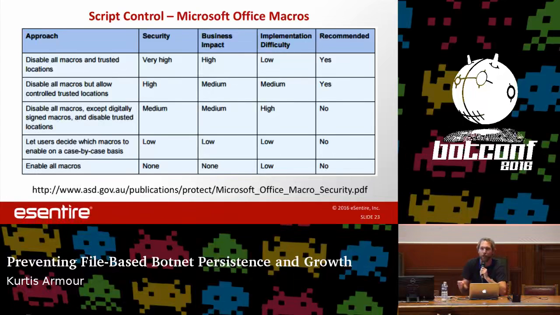So you want to make sure that there are no notifications for when macros get blocked. Also, a problem is when you only allow digitally signed macros, the user actually has the capability to trust an untrusted digitally signed macro. So if someone signs it and sends it, then a user can be like, I trust this because I recognize this publisher, which obviously is stupid.